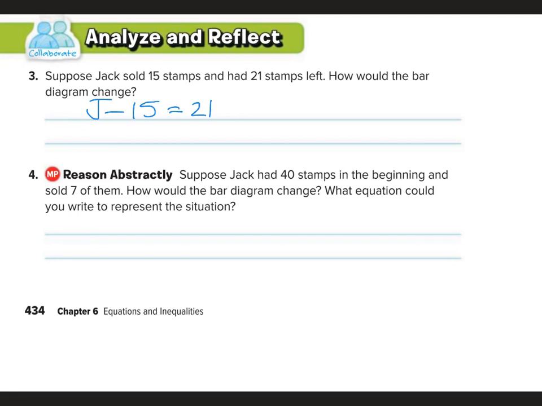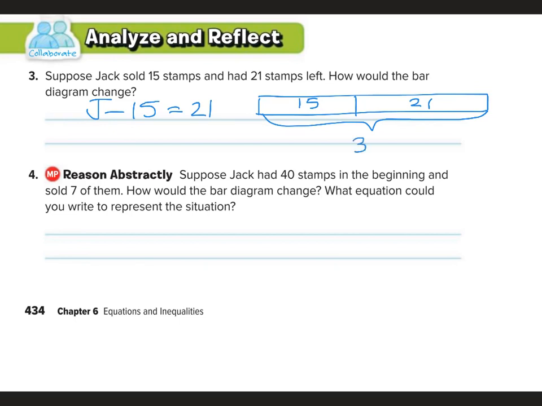In the bar diagram, instead of being 7 it would be 15 here, and we would move the line over a little bit. And then at the beginning he had 36 still.